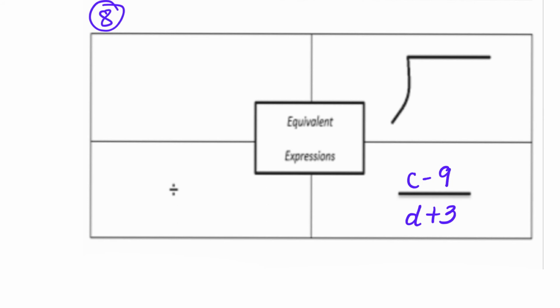So let's start with the quotient of C minus 9 and D plus 3.